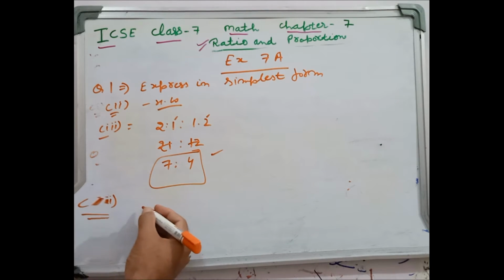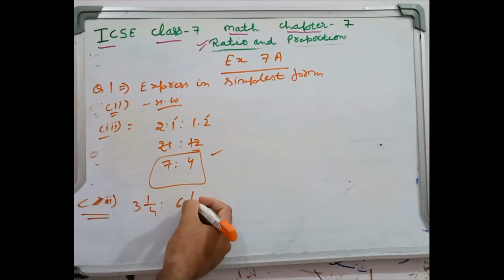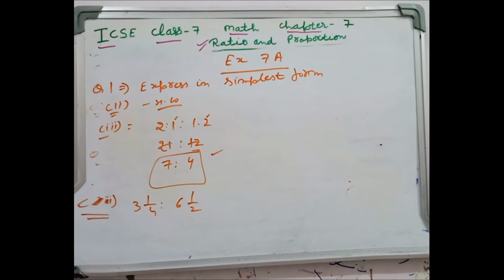It is also 3 1 by 4 mixed fraction ratio 6 1 by 2. Part 4. So, we will make it vulgar. 4 3s are 12 plus 1, 13 by 4. Ratio 6 2s are 12 plus 1, 13 by 2. Now, what will we do here?